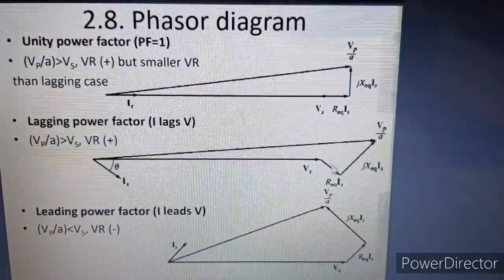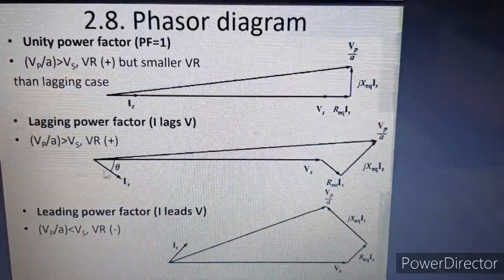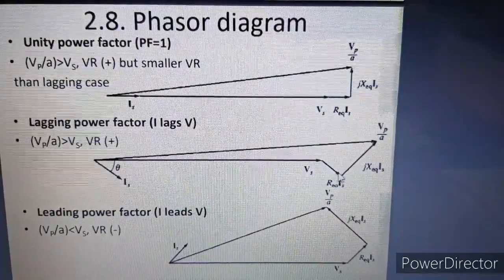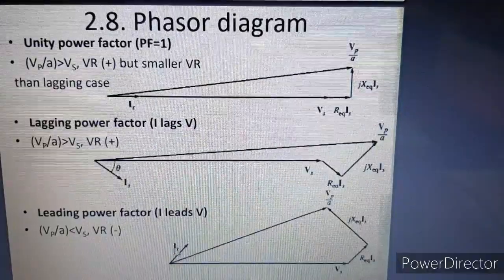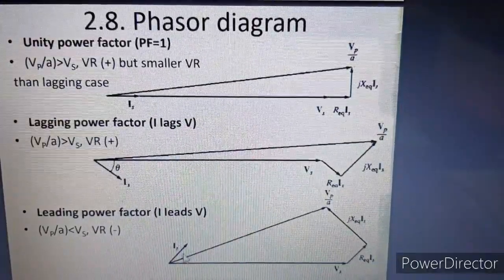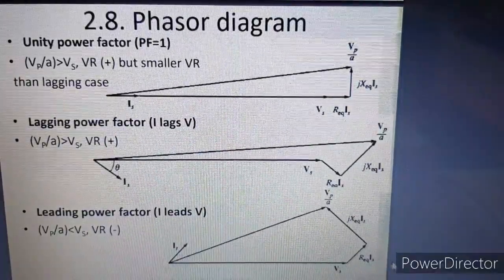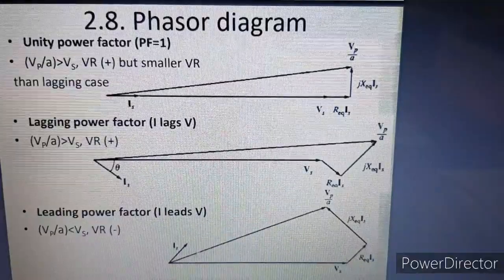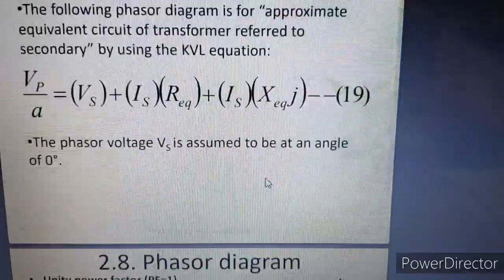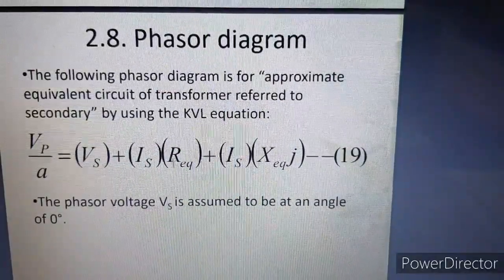Is is parallel with Is R equivalent, the same angle. For leading, Is leads V at theta, so Is R equivalent also follows the same angle. So the second term is settled: it follows the angle of Is.